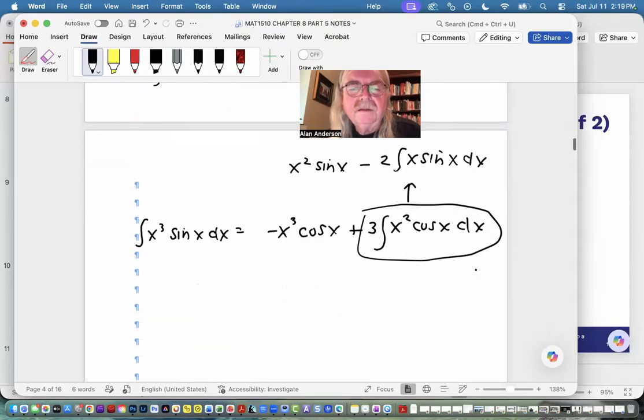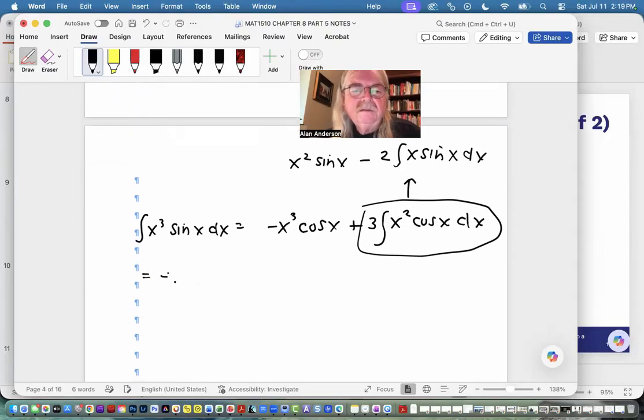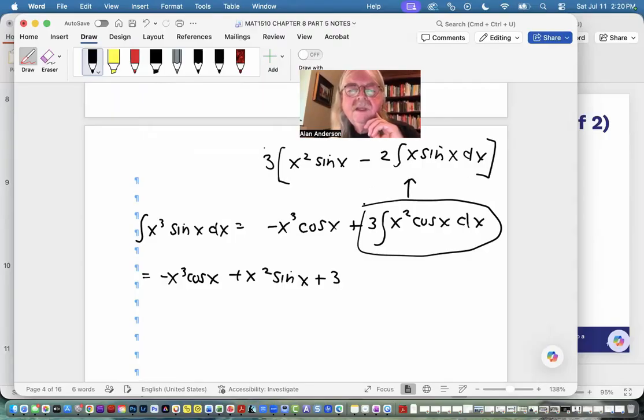So when you bring them together, you'll have that plus x squared sine x. So this integral, but that's not right. I just realized I left out the three. Yeah, that three here. Again, it would have been so simple to miss that.